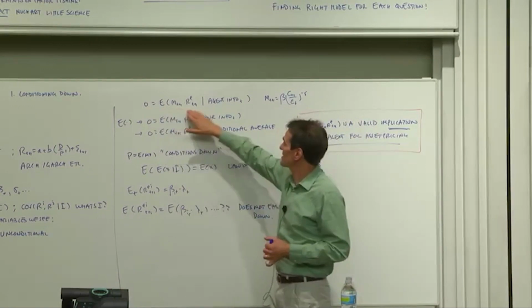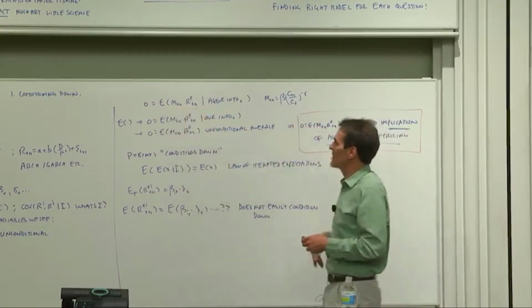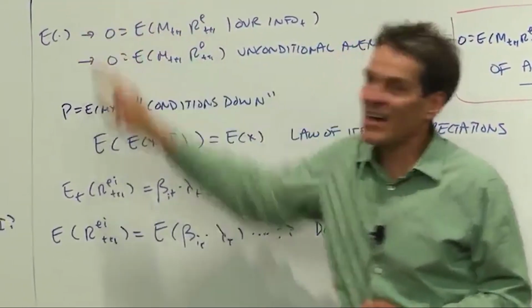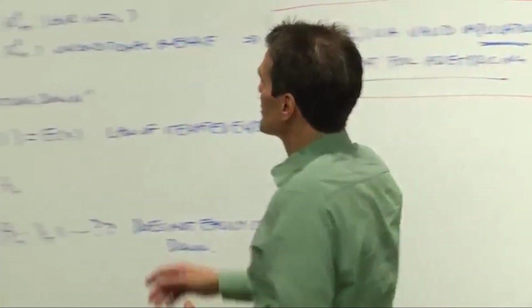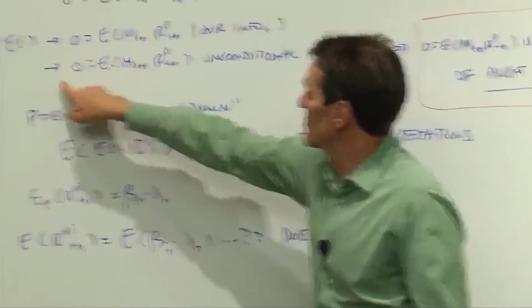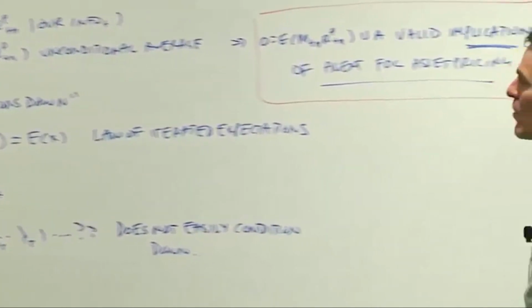Our theory says 0 equals E of M times excess return given the agent's information, but we can take expected value of both sides of this equation using some coarser information set. If we just take expected value of both sides of the equation, then 0 equals E of MR, the unconditional average. Why?